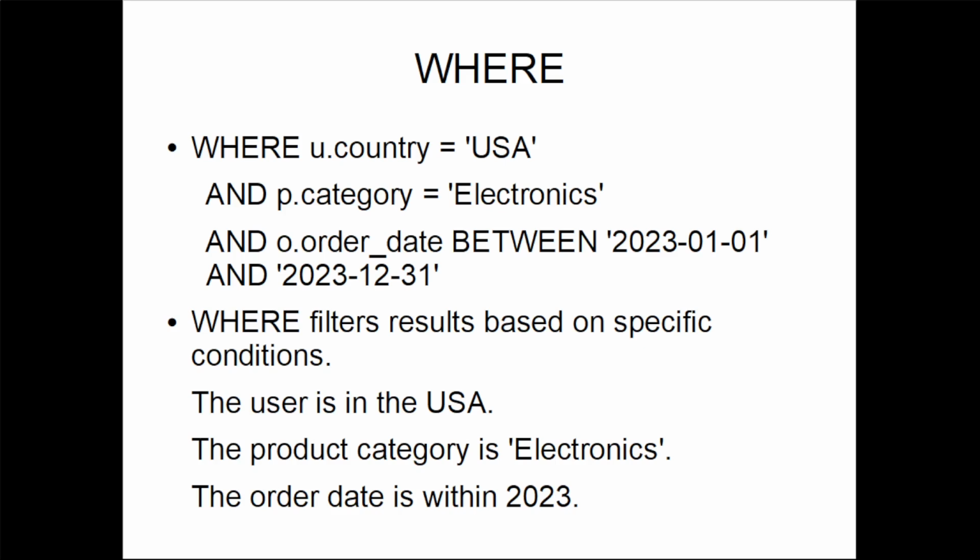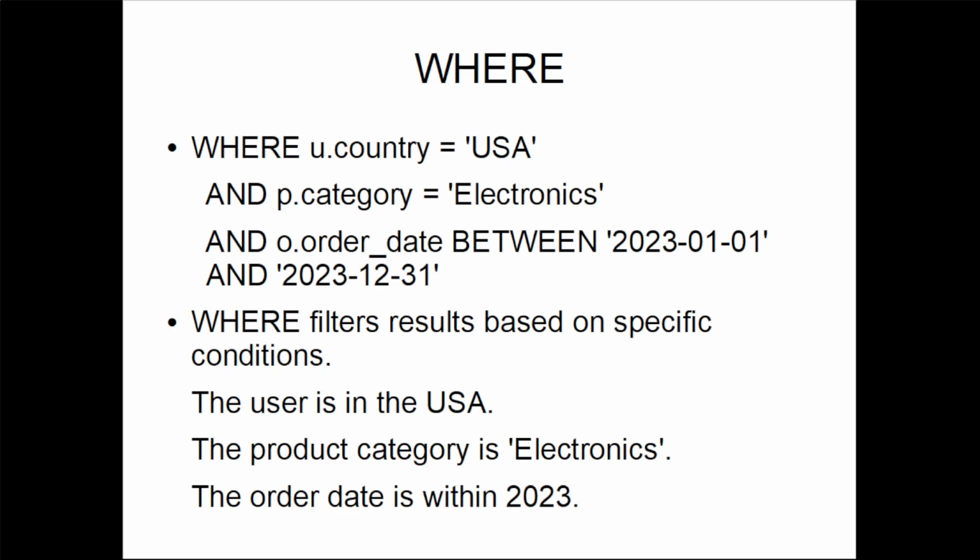The order must have been placed between January 1, 2023, and December 31, 2023. Without the where clause, the query would return every record from the database, including irrelevant data. In large data sets, this could lead to performance issues and make it harder to extract meaningful insights. By using where, we refine our results, making the query more efficient and focused.